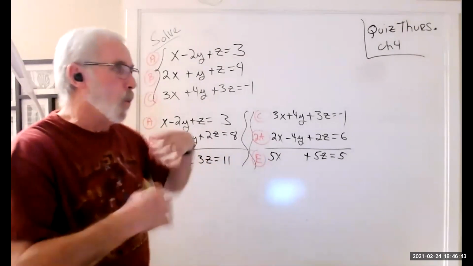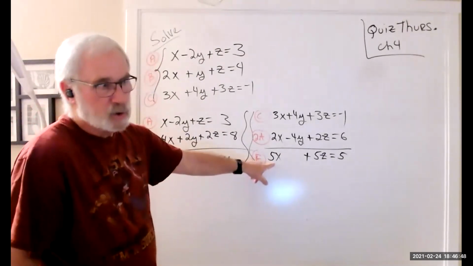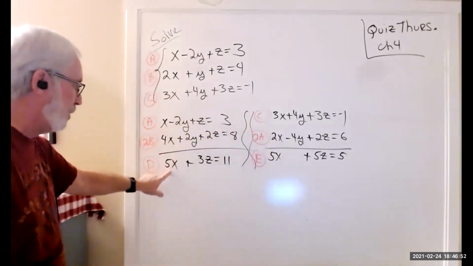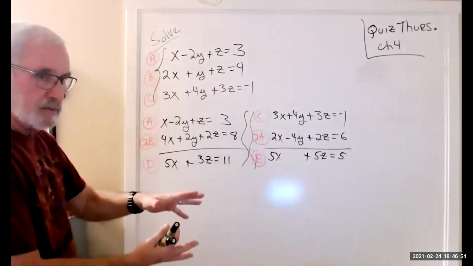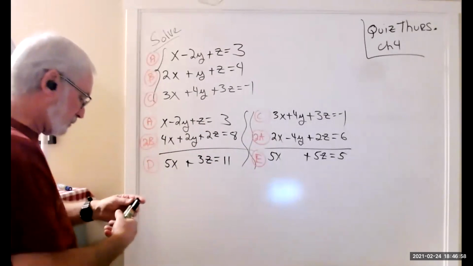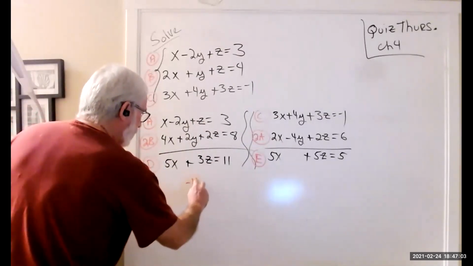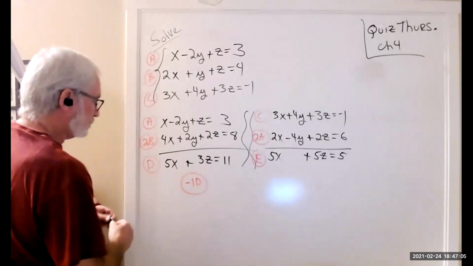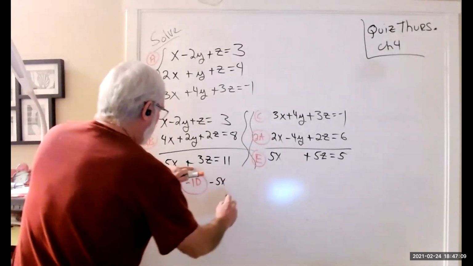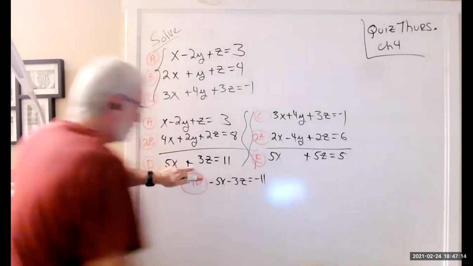So if I could make one of them a negative 5x, doesn't matter which one, and leave the other one a positive 5x, when I add them together, the x's will drop out. So arbitrarily, I'm going to say -1 times D. That's going to give me -5x minus 3z equals -11.